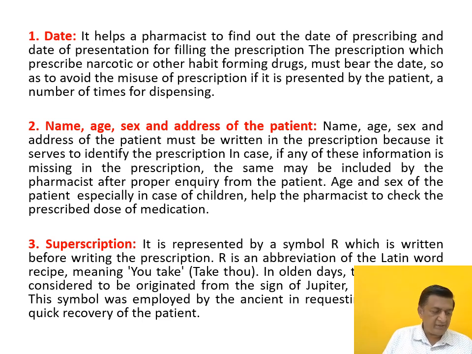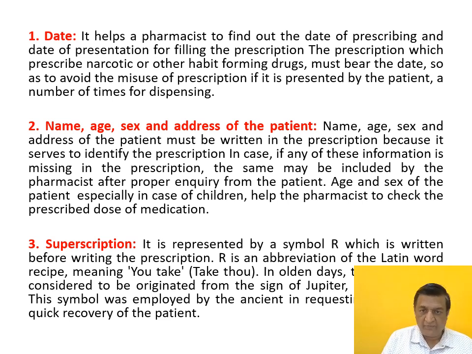So name, age, sex and address of the patient is very important. Name, age, sex and address of the patient must be written on the prescription because it serves to identify the prescription.